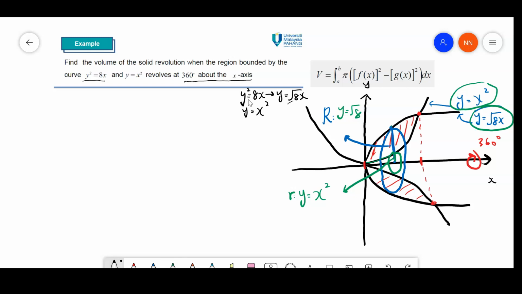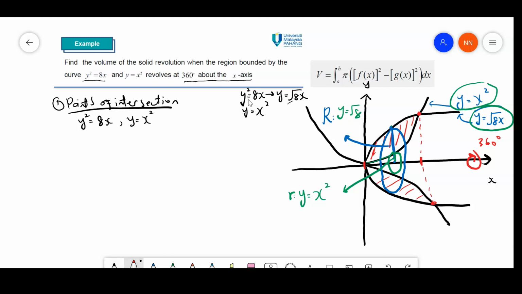So before we calculate the volume, let's find the point of intersection. So point of intersection, I have y squared equal to 8x and y equal to x squared.